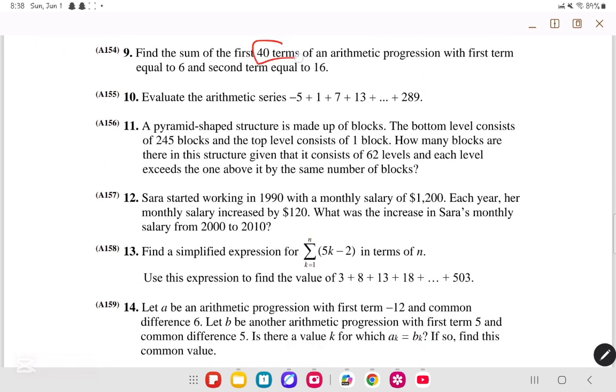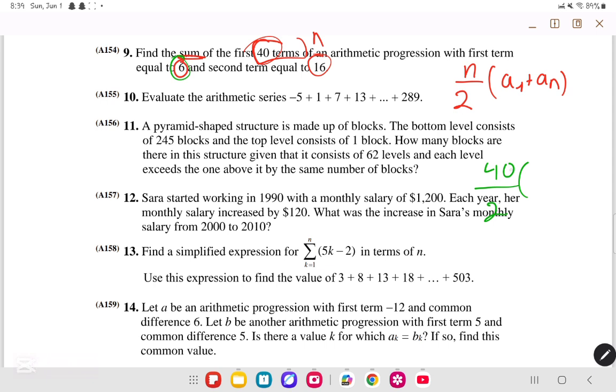Find the sum of the first 40 terms of an arithmetic progression with first term equal to 6 and second term equal to 16. Very simply, first 40 terms, this is n. We know that the equation for the sum of an arithmetic progression is n over 2 times a1 plus an. So it's gonna be n, which is 40, over 2 times a1.